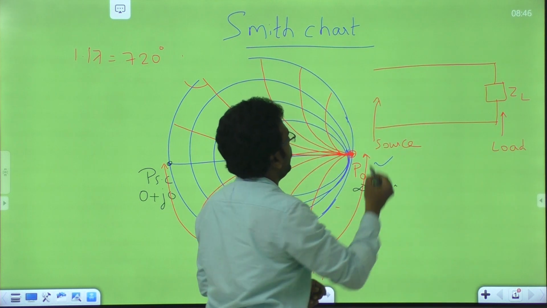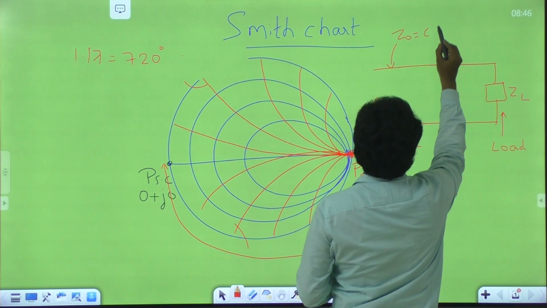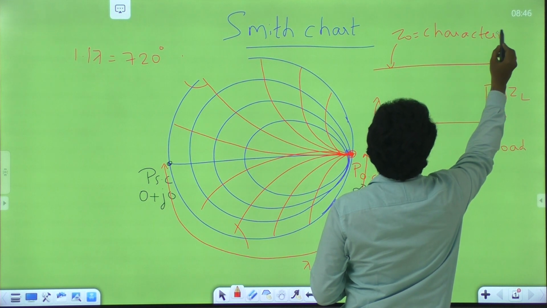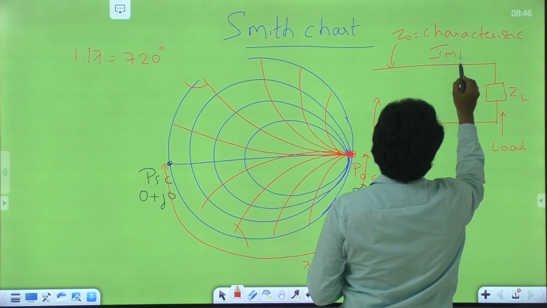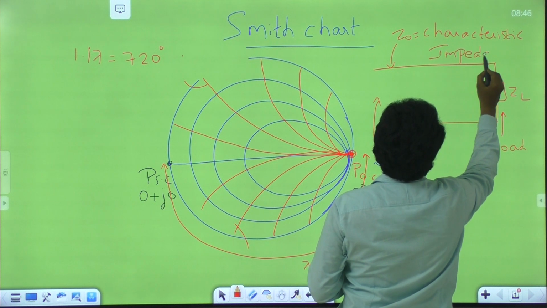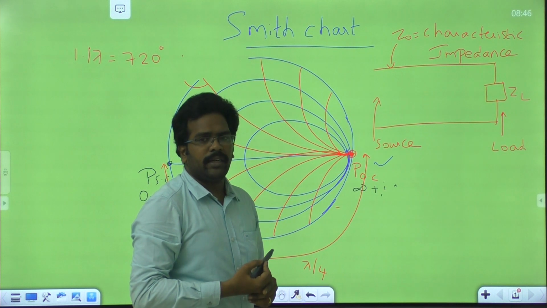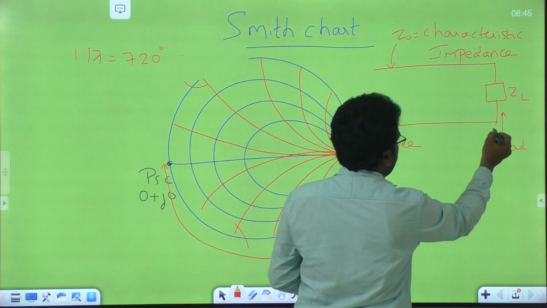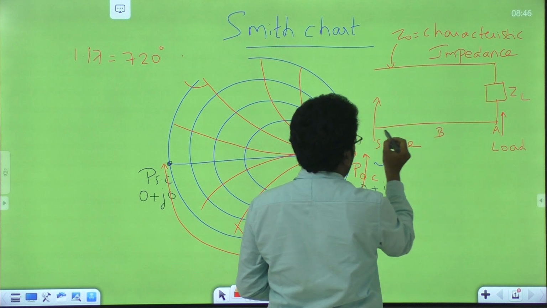Z0 is the characteristic impedance of the line. Here the next point: take some points A, B, and C.